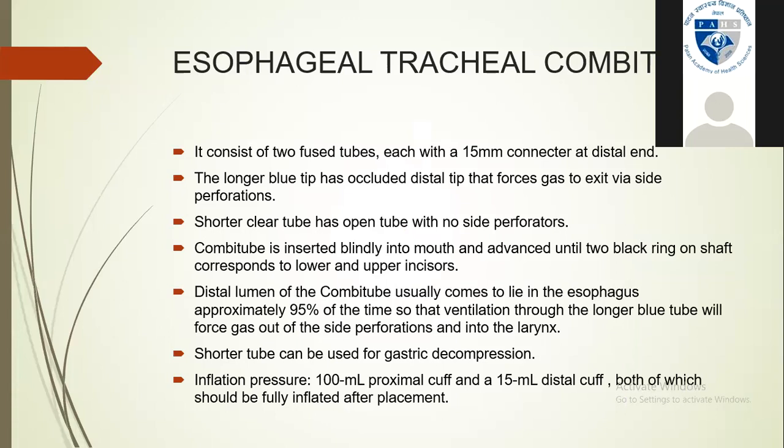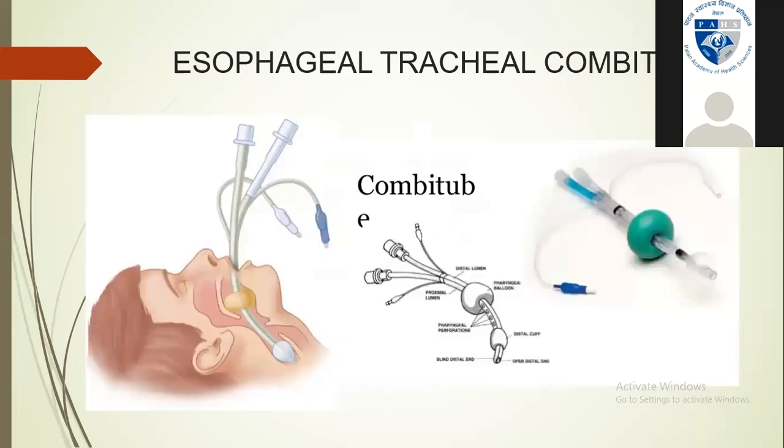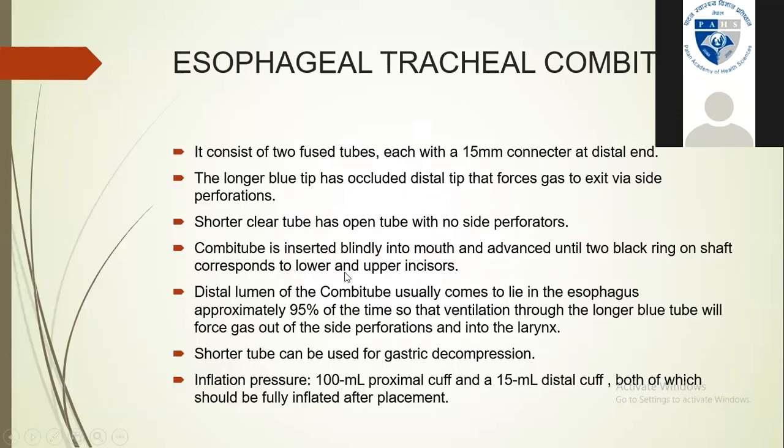Another old airway device is the esophageal tracheal Combitube and the King's laryngeal tube. It consists of two tubes, one longer blue coded tube and another shorter clear tube. The longer blue tube has an occluded distal end that forces gas to exit via its side.